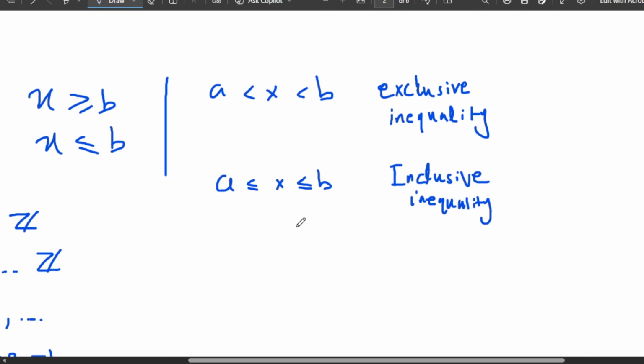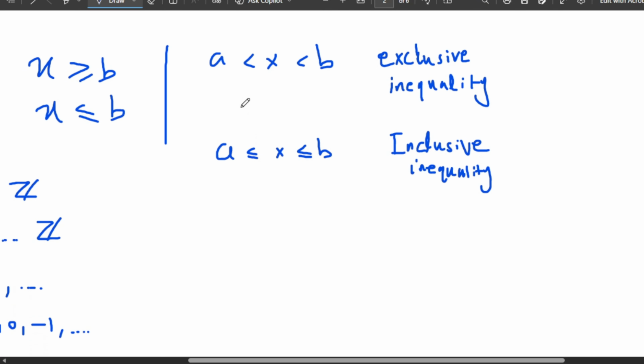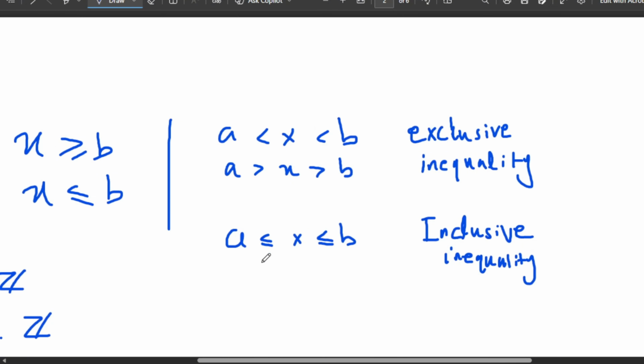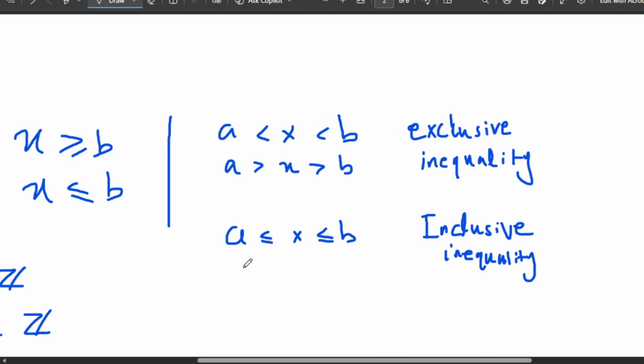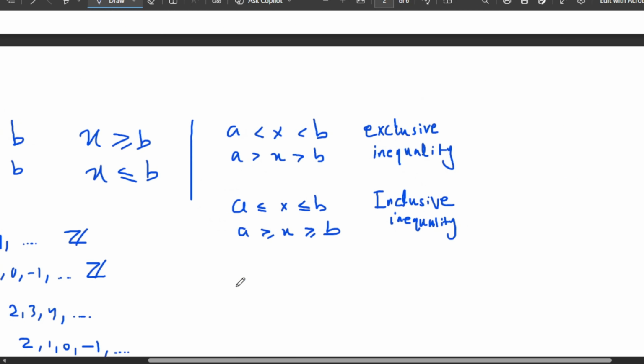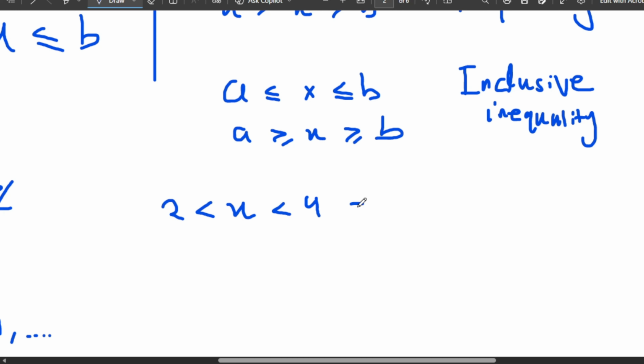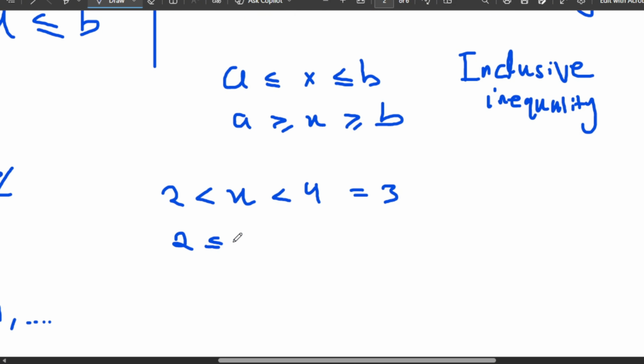It can also be greater: a is greater than x, and greater than b, and it can also be a is greater or equals to x and greater or equals to b. For example, if we have 2 is less than x is less than, let's say, 4, that means our possible number will be what? 3, right? How about 2 is less than or equals to x is less than or equals to, say, 4 again?